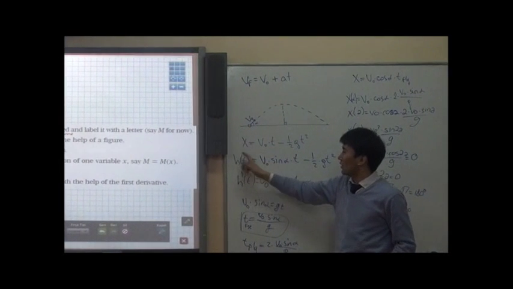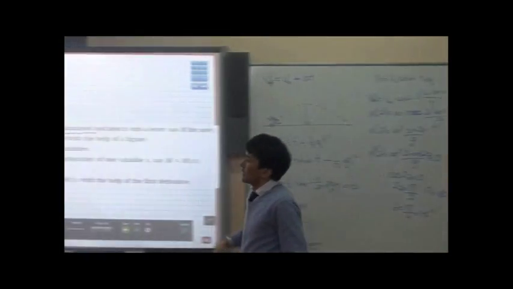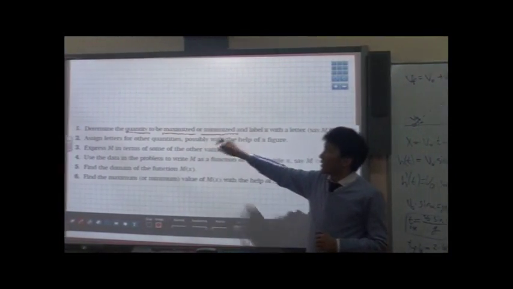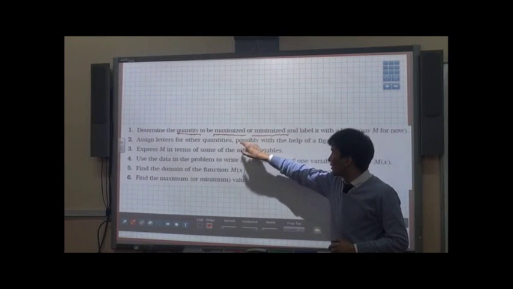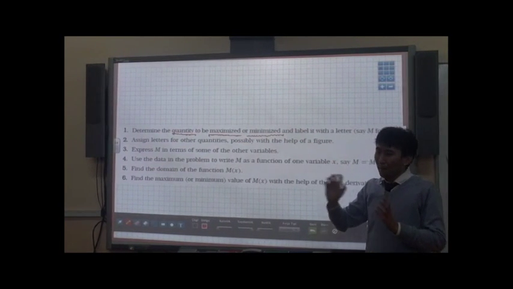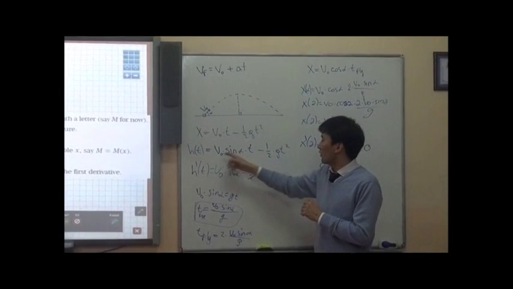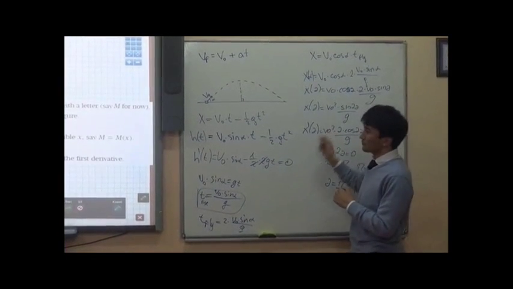Denote that with some letter. For example, here it was H, and here it was X. And assign letters for other quantities, possibly with the help of a figure. Here there was time or alpha.